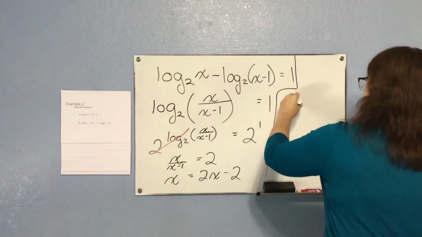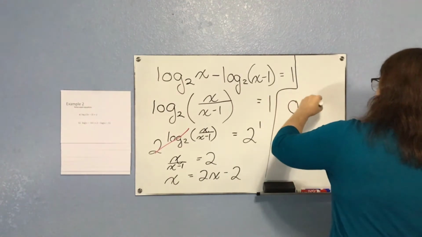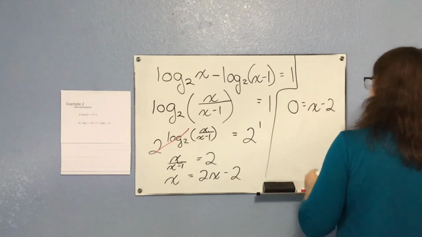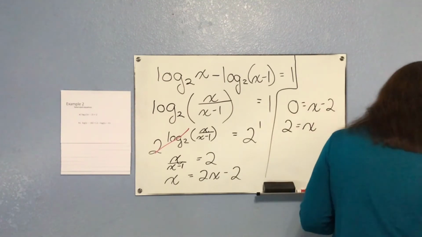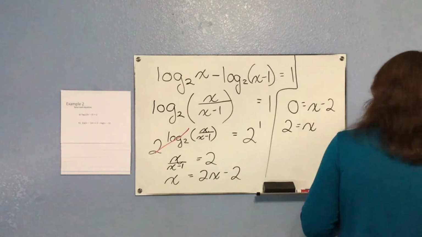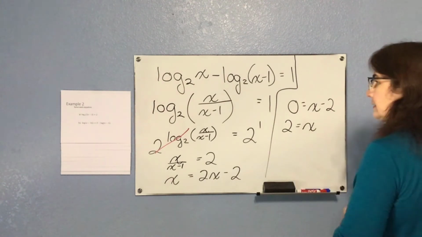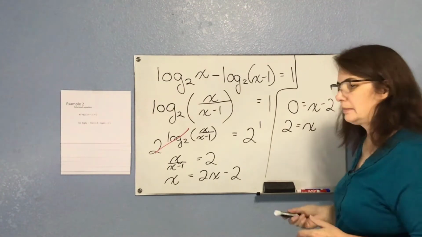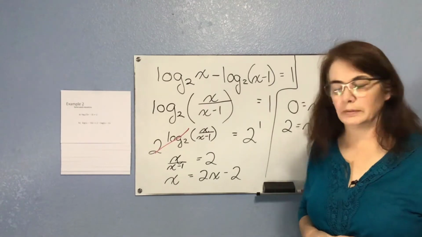And I'm going to get x minus 2 is 0, so x equals positive 2. Okay, again, we want to verify that this is a valid solution by trying it out. But you're ready now to pause the video and work on checkpoint 2.